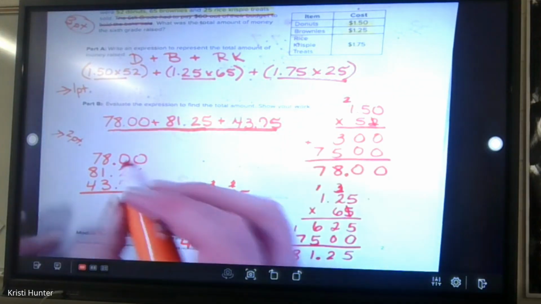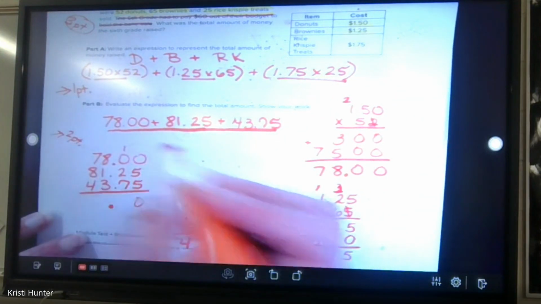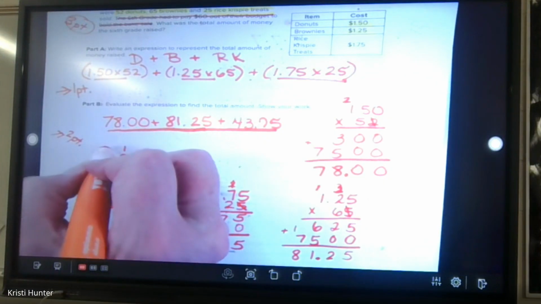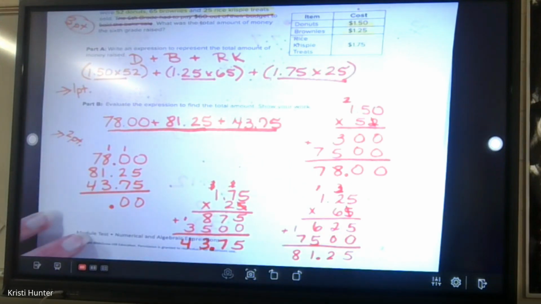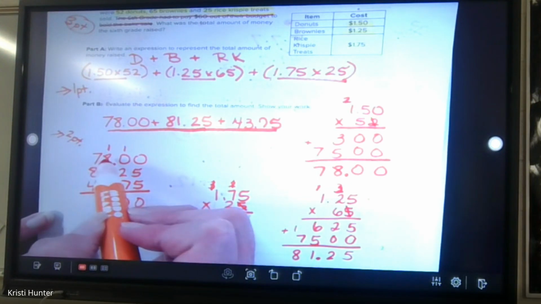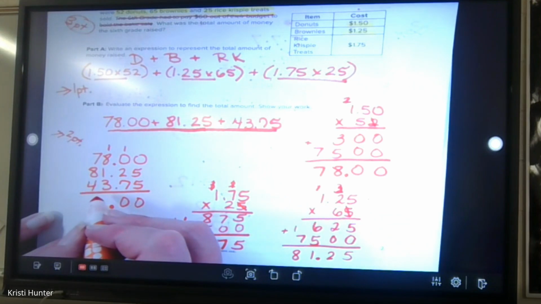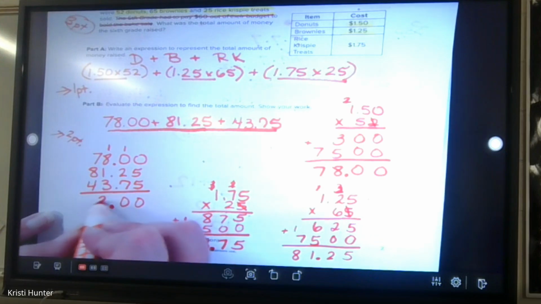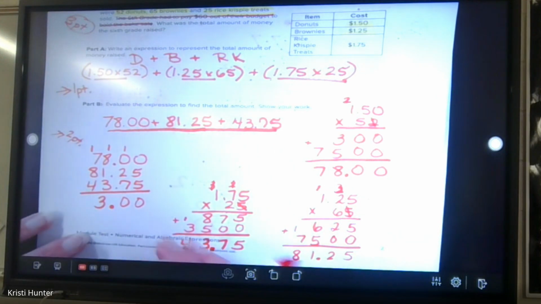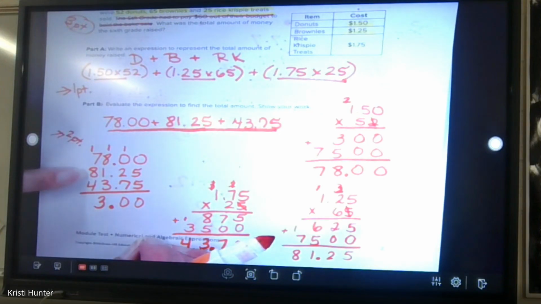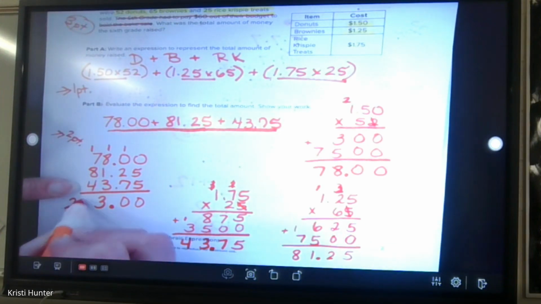So 5 plus 5 plus 0 is 10. We've got 7 plus 2 plus 1 is also 10. Carry the 1 over. Let's see, 8 plus 1 is 9, plus 1 makes 10, plus 3 is going to make 13. Carry the 1. And then we have 1 plus 7 is 8. 8 plus 8 is 16. 16 plus 4 is 20.